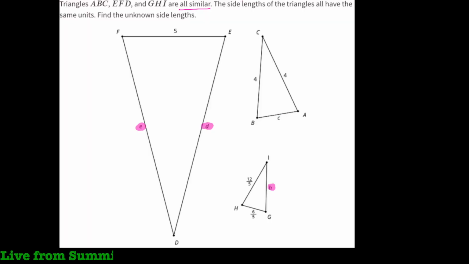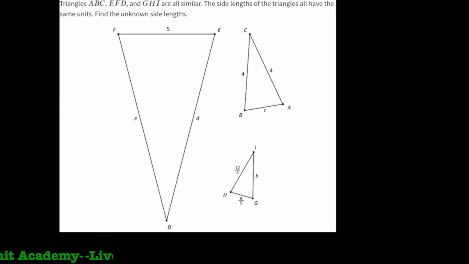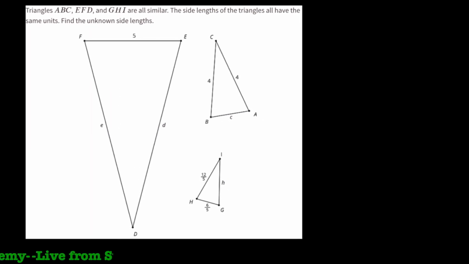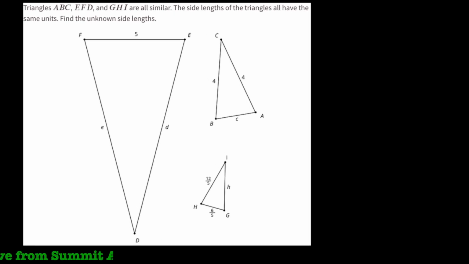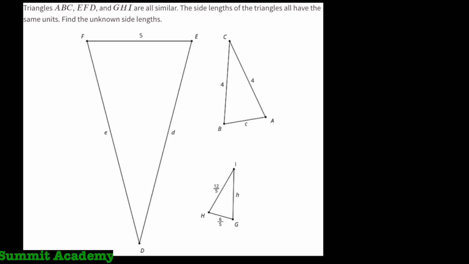So let me clear this out and make it a little bit smaller, that way it fits on here. All right. I know that all these angles are the same, but mainly if I can write the ratios of these side lengths, I know that they should be equivalent ratios.